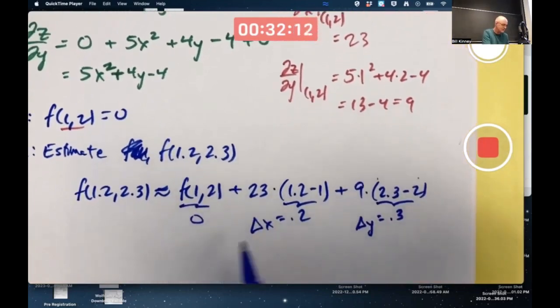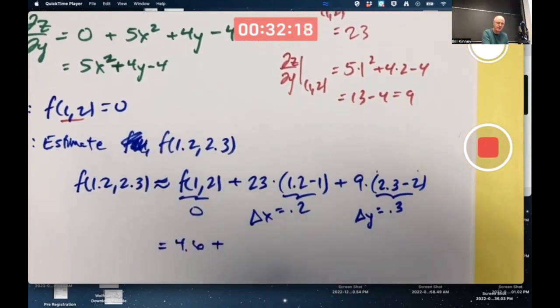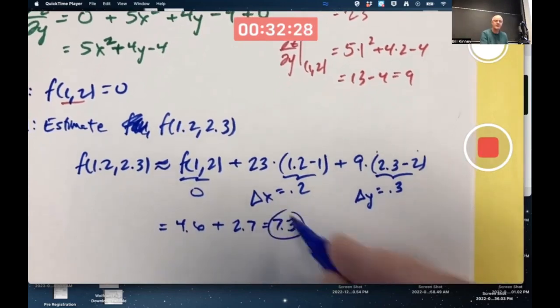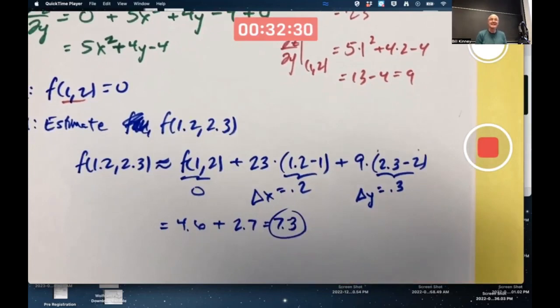What is this going to come out to? 23 times 0.2 is 4.6. 9 times 0.3 is 2.7. When you add those, you get 7.3. That would be your linear approximation. Is it right? I'm sure it's not exactly right. Is it close? It's hard to say.